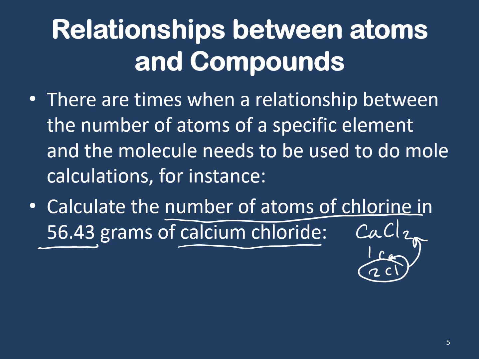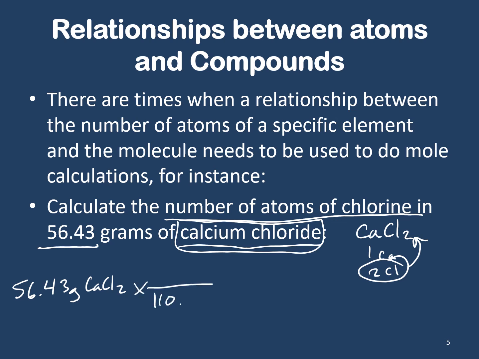Because I have grams of the compound, I don't necessarily have grams of Cl. So let's do this, right? We have 56.43 grams of CaCl2. The first thing I need to do is calculate the molar mass of calcium chloride, which, if we calculate it, you should get about 110.98 grams of CaCl2 per 1 mole of CaCl2.